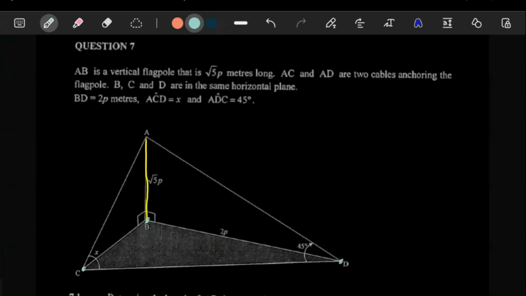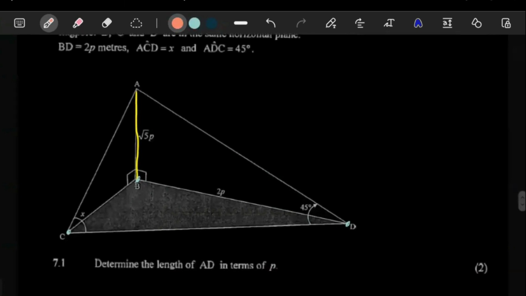And then BD here is equal to 2p, that's fine. This whole angle here is equal to x. The whole angle here is equal to 45, so that's okay.